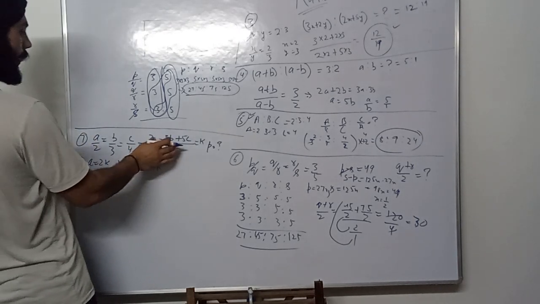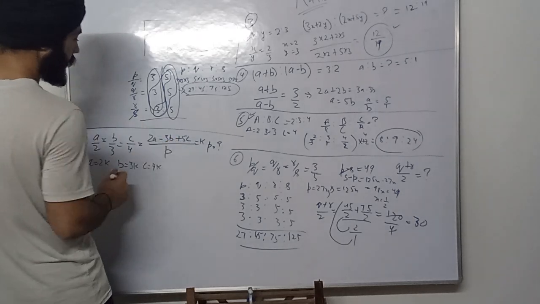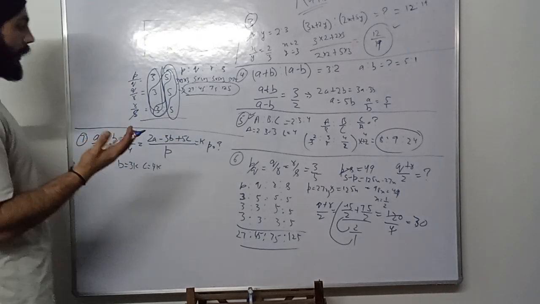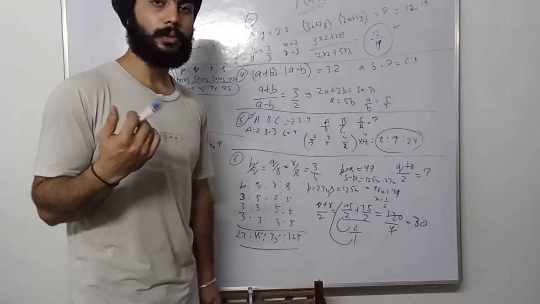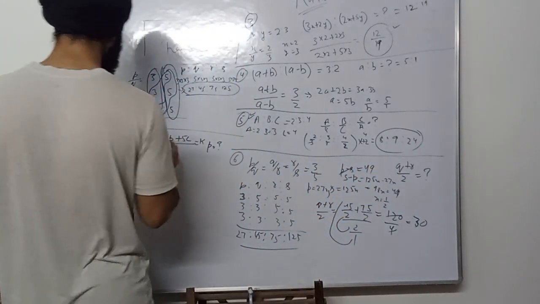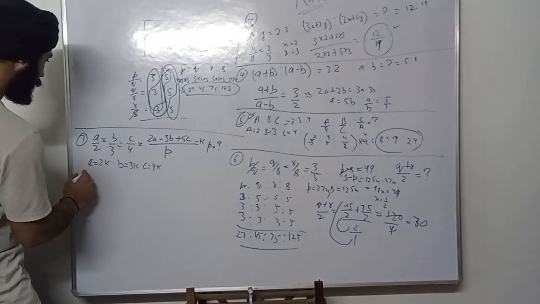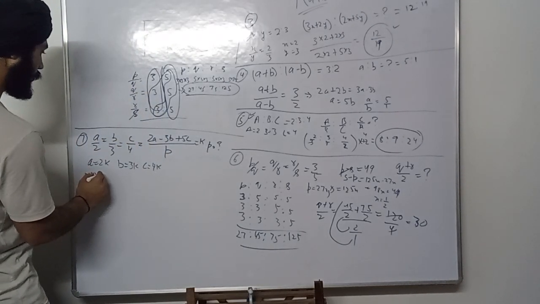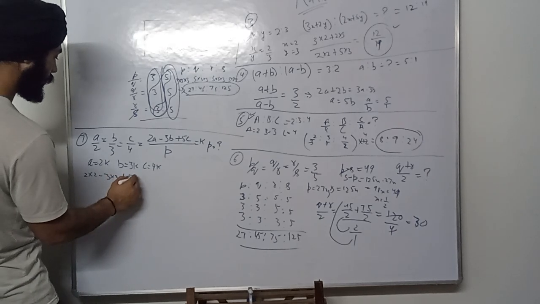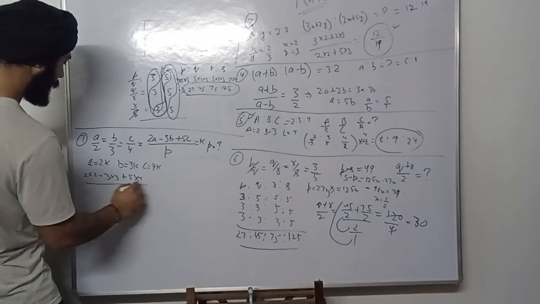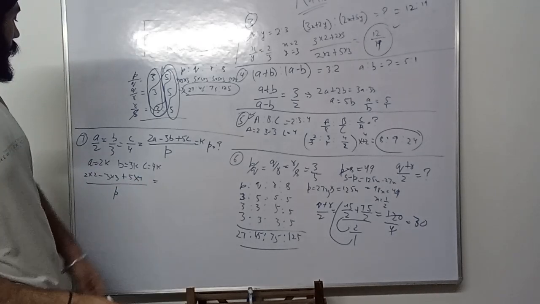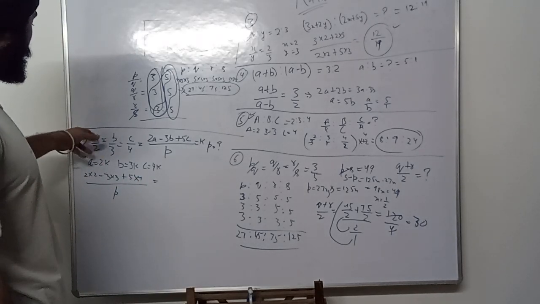and we can put these values in this equation. But K will get cancelled out, so we do not need to write the K value. So we can skip the K value. So 2 into 2, 3 into 3 plus 5 into 4 divided by P, and we can get the value from here.